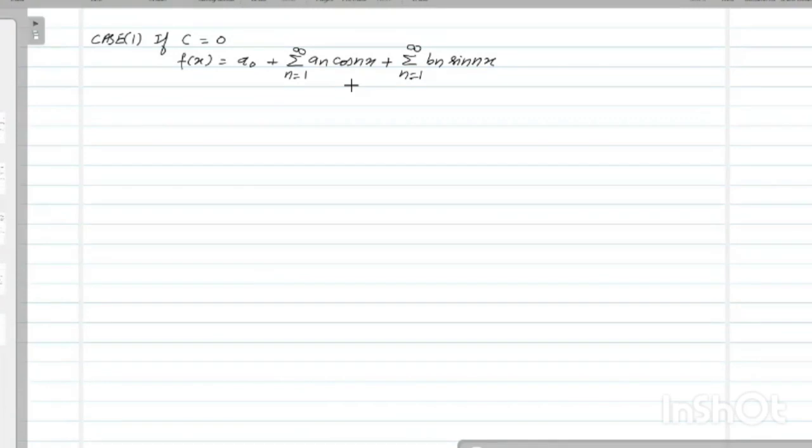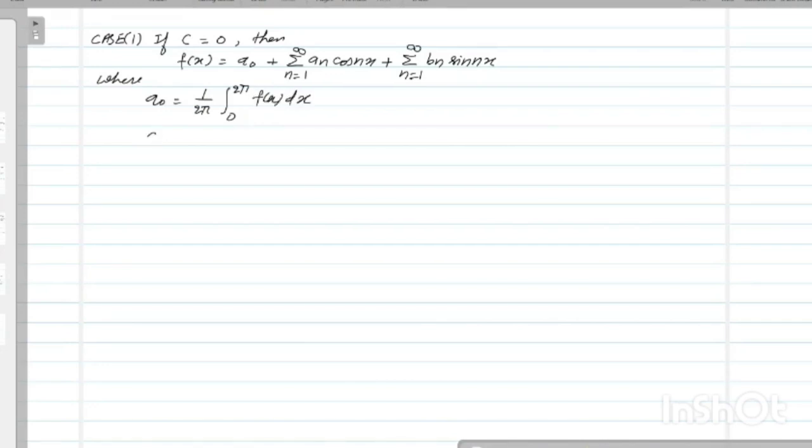Okay, where a naught, your formula is what? A naught equal to 1 upon 2 pi integration of limit 0 to 2 pi f of x dx.